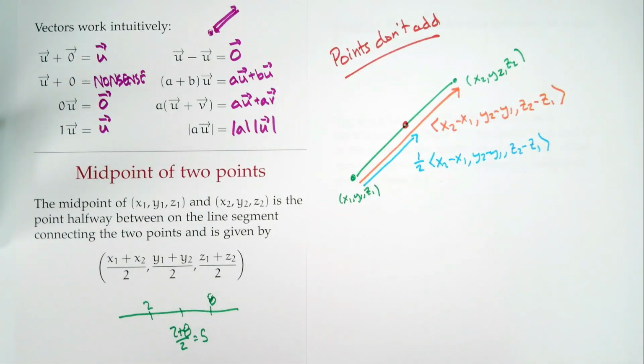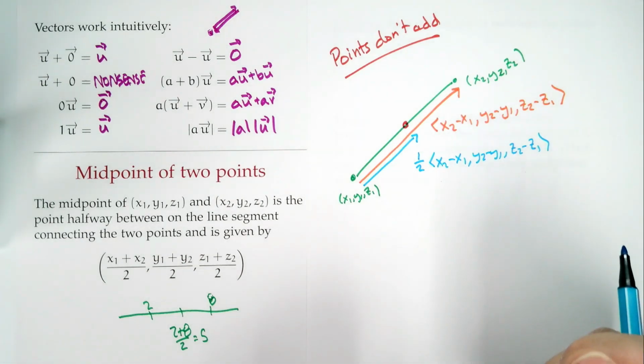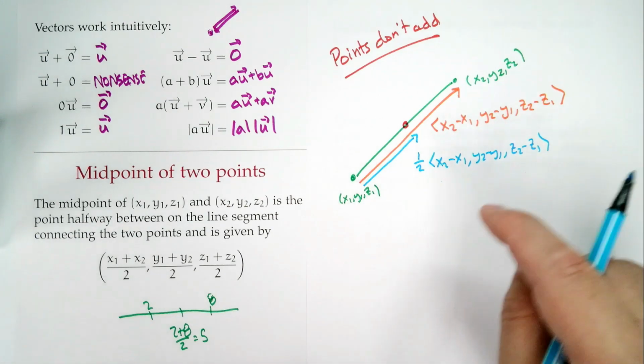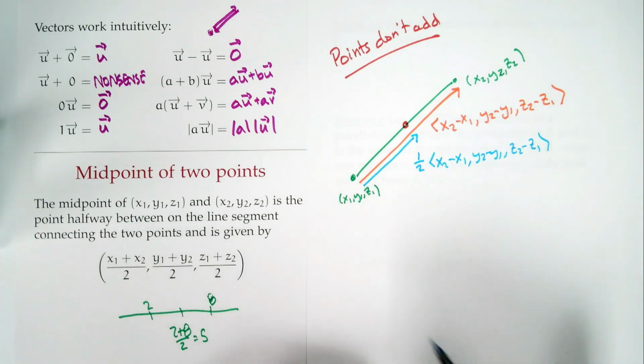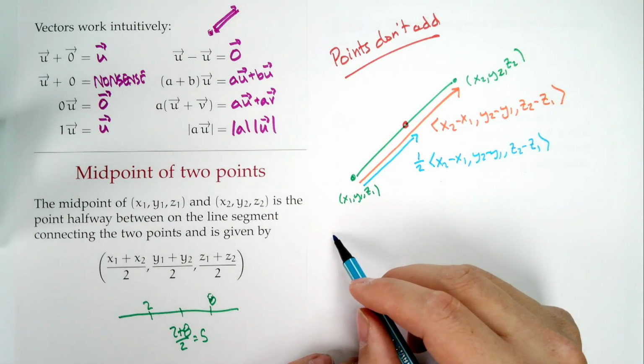So where's my midpoint? Think about what's happening. Vectors tell me my change. I have my start, I know my change, so I know where I end. The key here is you can think of it as the following.